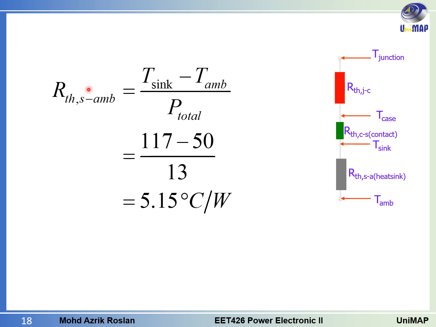Then when we want to find the RTH sink to ambient, we take the T sink, the temperature at the heatsink, minus the ambient temperature, divided by the total power, and then we will get the RTH sink to ambient equal to 5.15 degrees C per watt. So this is the thermal resistance for the heatsink.